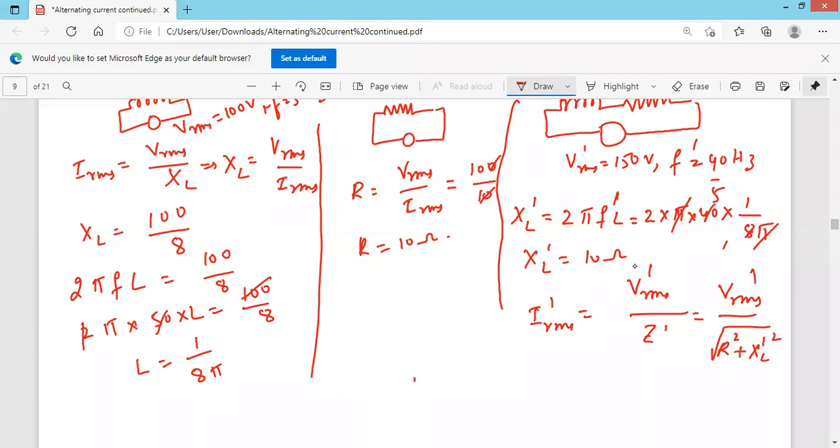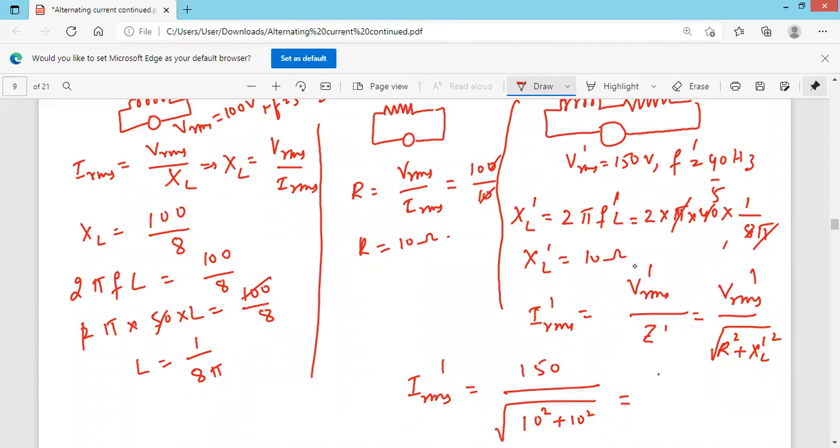So IRMS dash is 150 divided by the square root of 10 square plus 10 square. 100 plus 100 is 200.